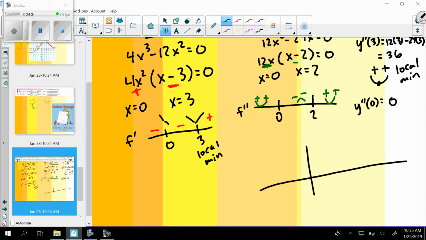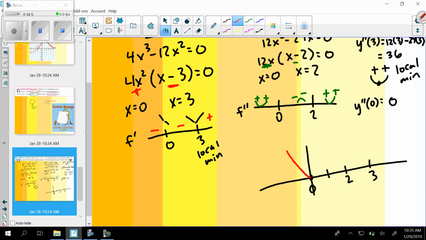So our important points that we want to make sure are on there would be at 0 here, at 2, and at 3. Those are where the important information is going. So it's decreasing to 0.